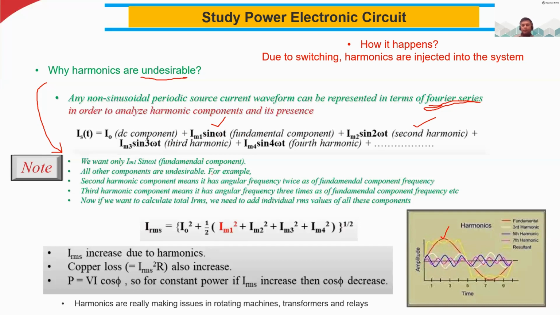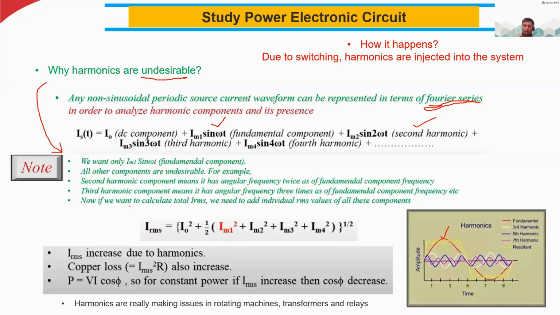For example, I talked about the second order and third order harmonics. Second order harmonic means it has an angular frequency twice that of the fundamental component. Third harmonic component means it has an angular frequency three times that of the fundamental component.